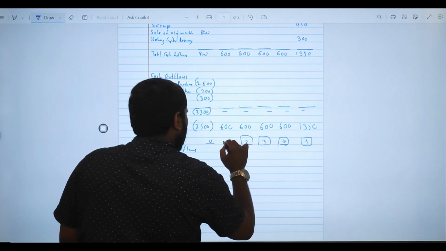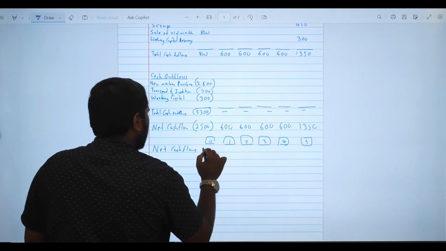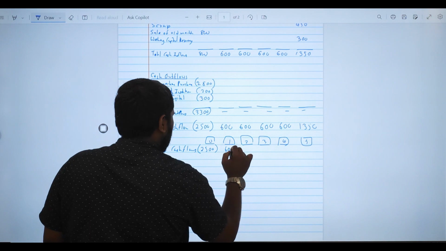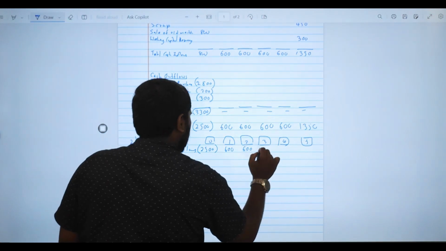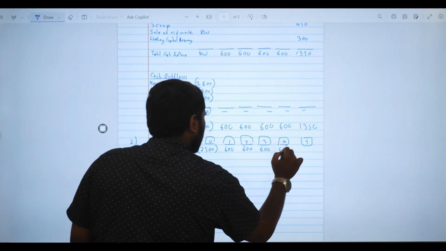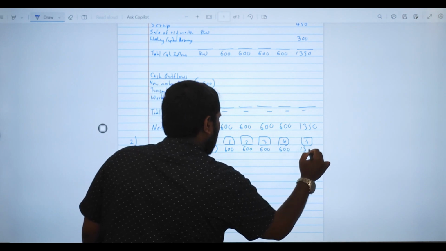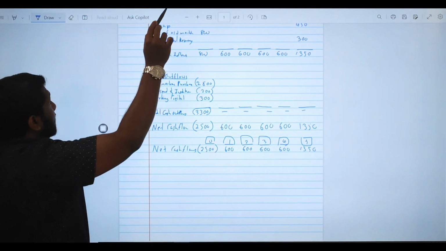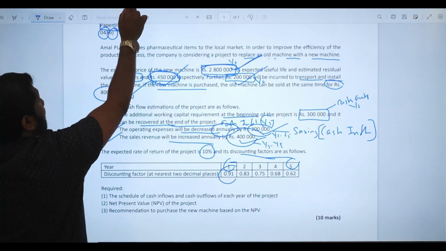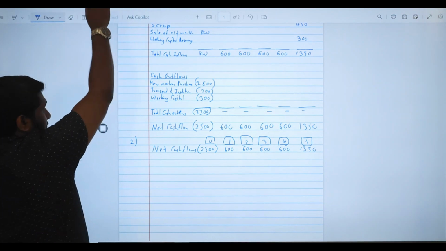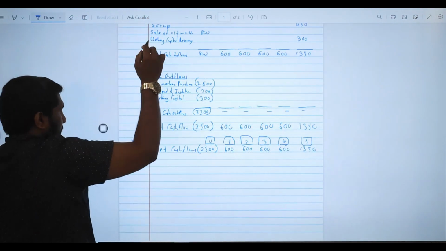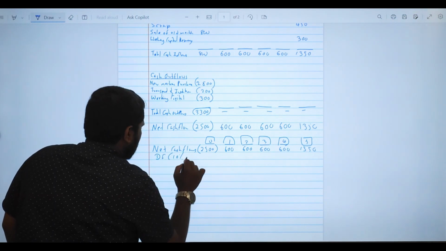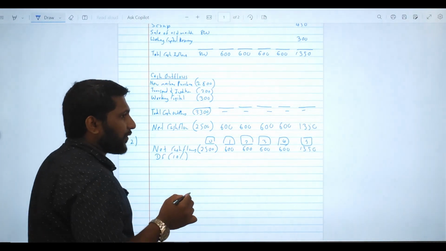Here 2500 negative, 600, 600, 600, 600, 1350. In this question they have given the discounting factors at 10%. So always, year 0's discounting factor is how much?